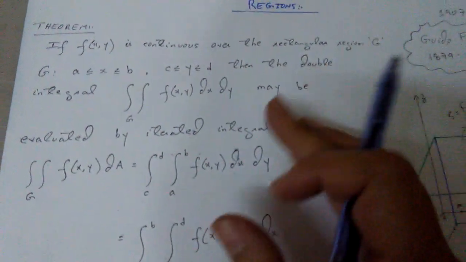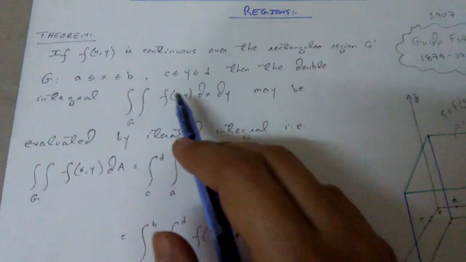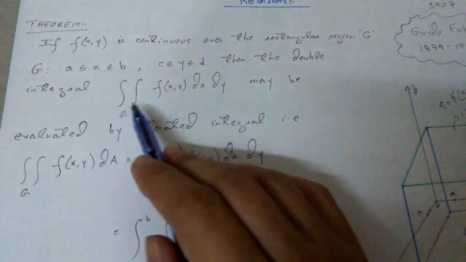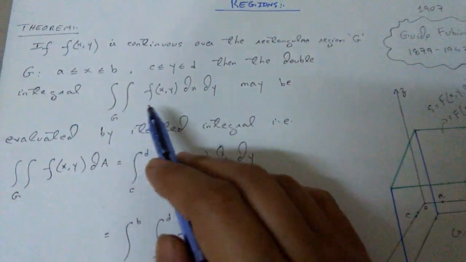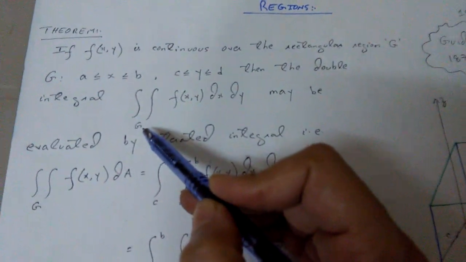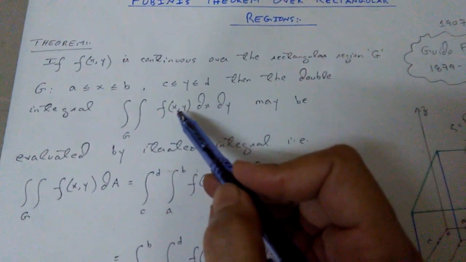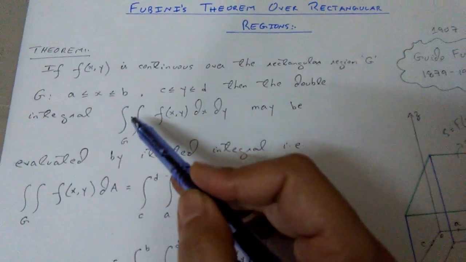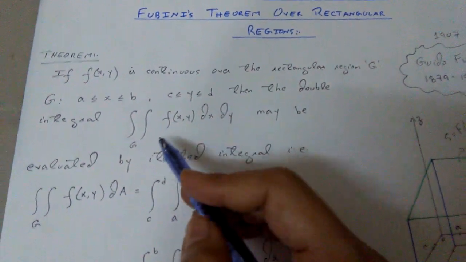or iterated integration of this double integral. Over here you can see that this integral representation, bounded by a certain plane G and having a certain function f of xy, gives you a certain 3D object volume.